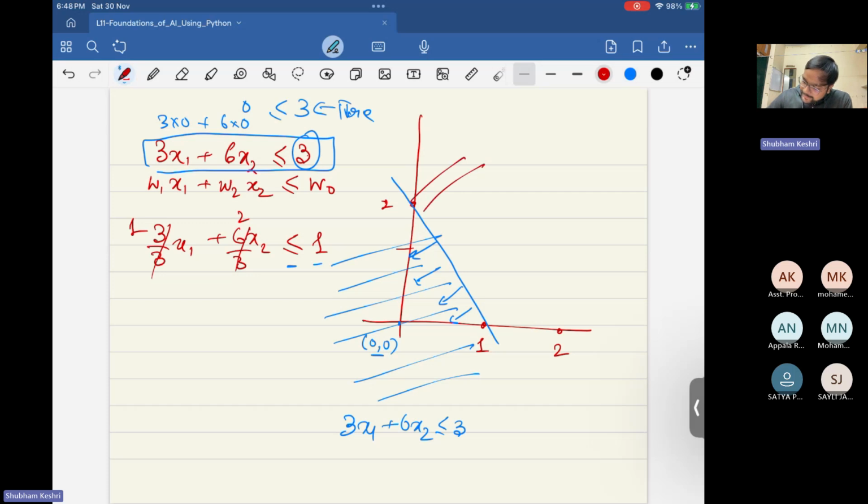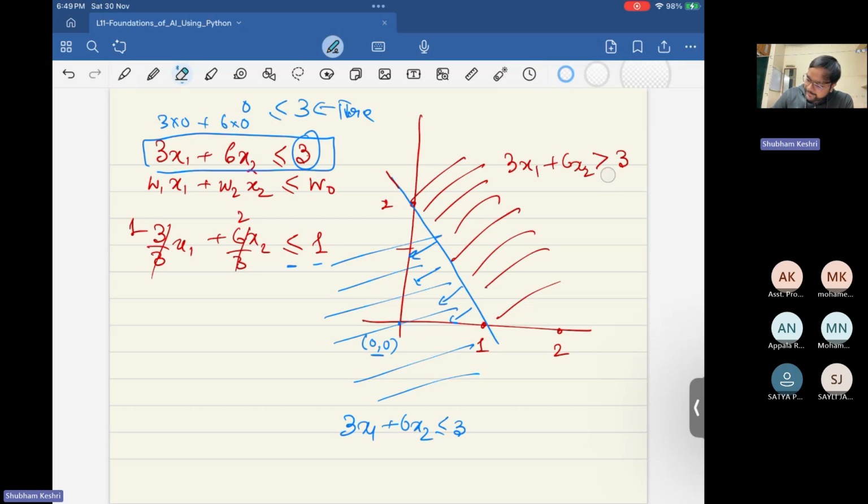On the other side, this region will become 3x1 plus 6x2 is greater than equals to 3. So you can remove the equality, because equality means it is on this line. You can just remove the equality. Okay, so these are the two areas I'm talking about, right?